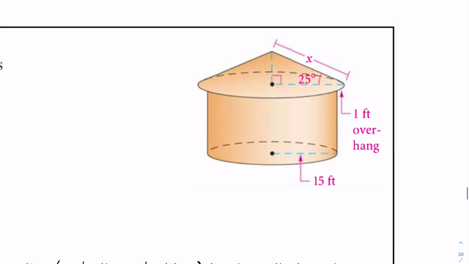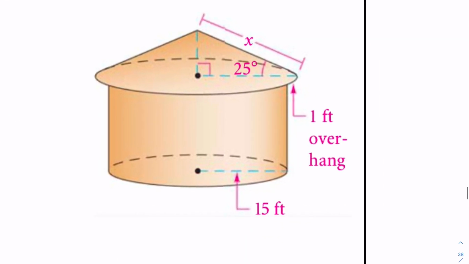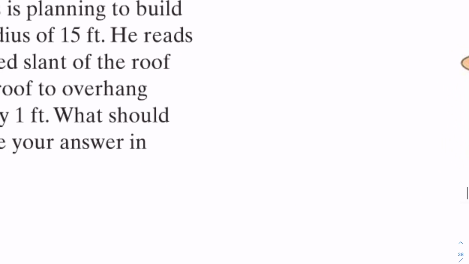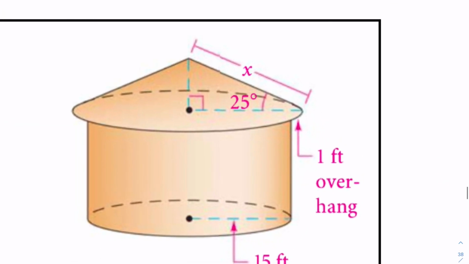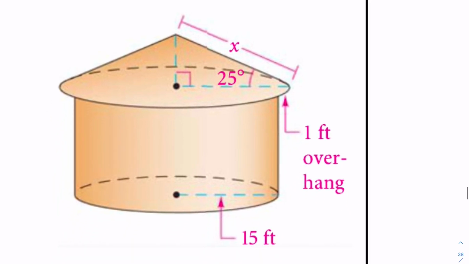So let's take a look. Right now, we want to know the length of this right here. It says what should the length of x be? So if we know that this is 15, what color did I use? Purple. Okay. What we know is these are equivalent, so that right there is 15 feet. There's also an extra 1 foot here.